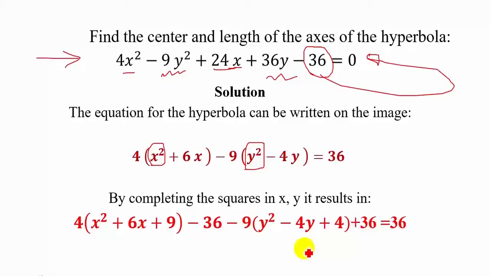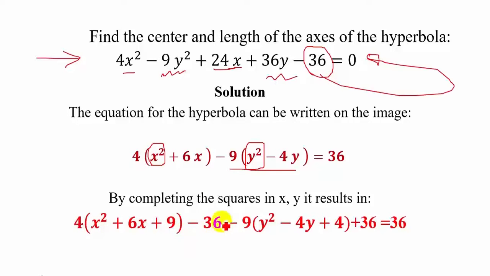So again, that part still the same, but if I add here 4, that means I add 36. But it will be negative, so I will add positive 1. So it will be 36 minus and 36 positive, so nothing happened. Here, to get this 9 inside, it will be positive 36.